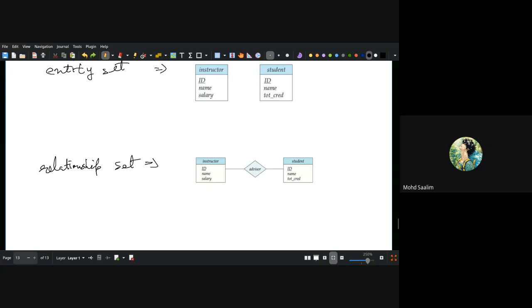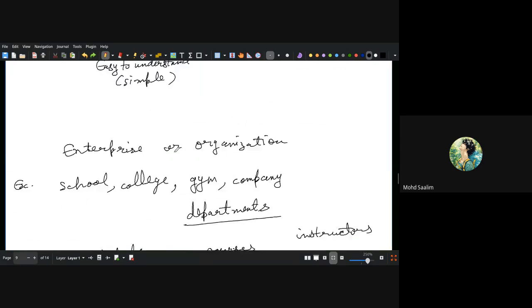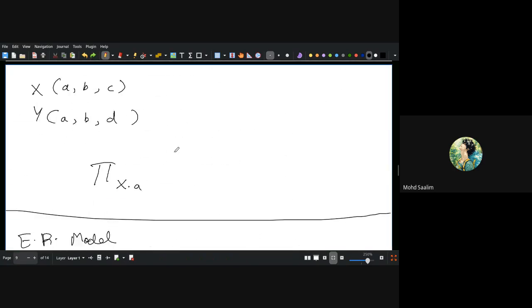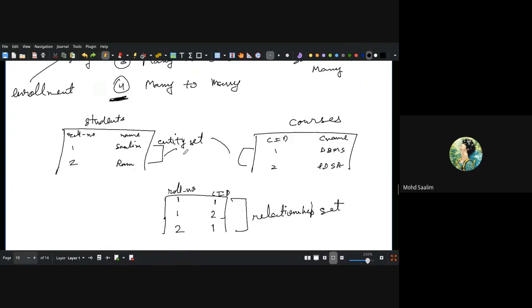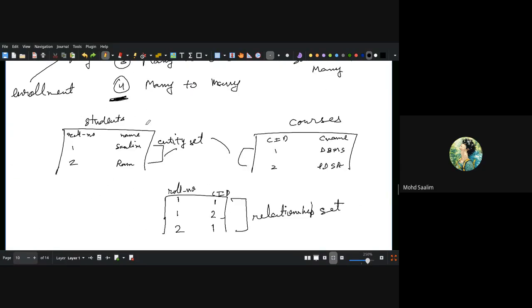Okay, and let's say relationship sets have their own attributes. It can also be possible, for example, in this example, this was the students entity set, this was the courses entity set, and this was a relationship set that we were calling enrollment, right?